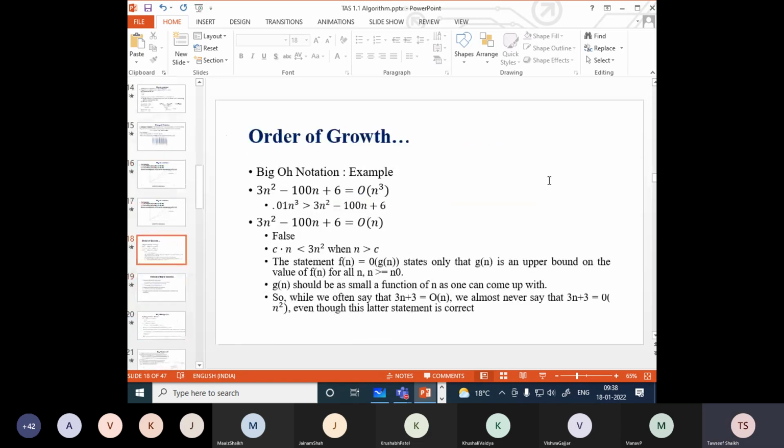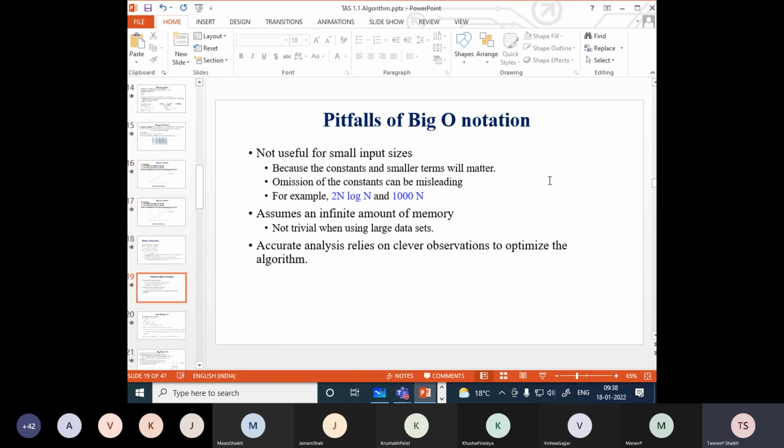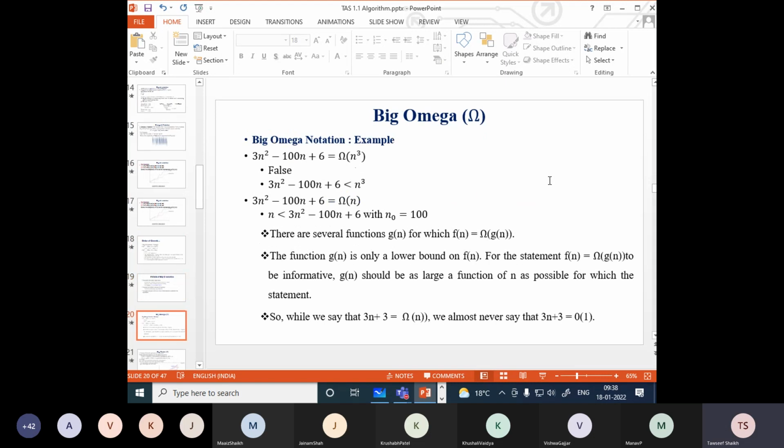And I will share the previous slides as well as this lecture's slides today itself in the group. All these examples are again the same thing. Here I have given some examples: 3n square minus 100n plus 6, is it big omega of n cube?